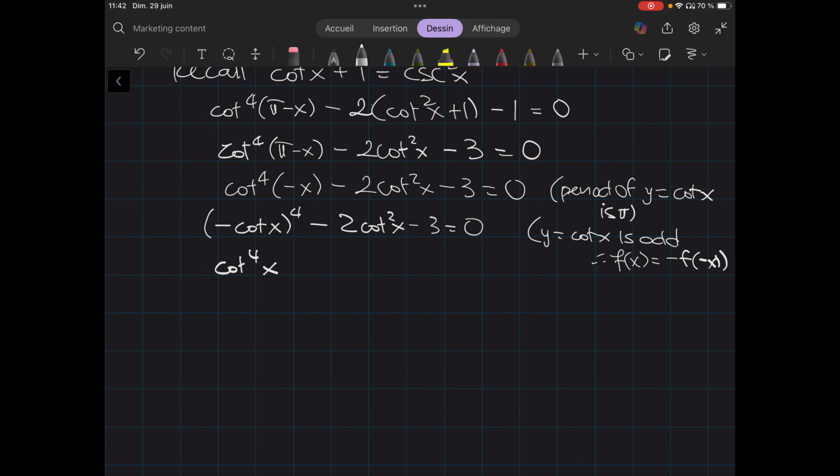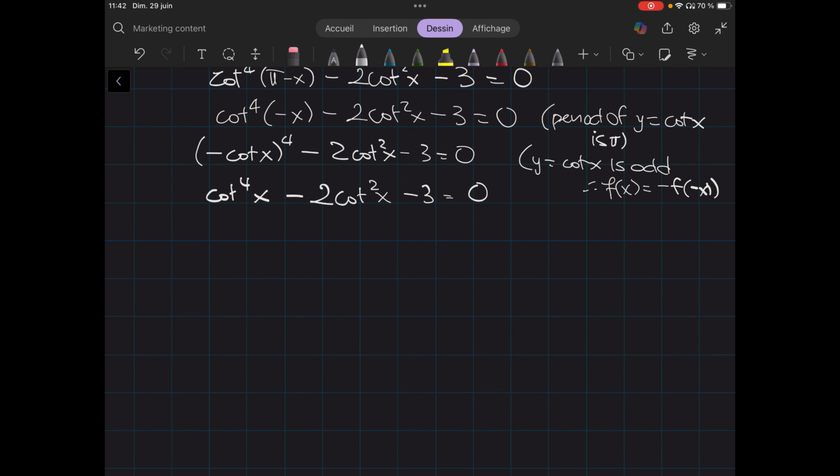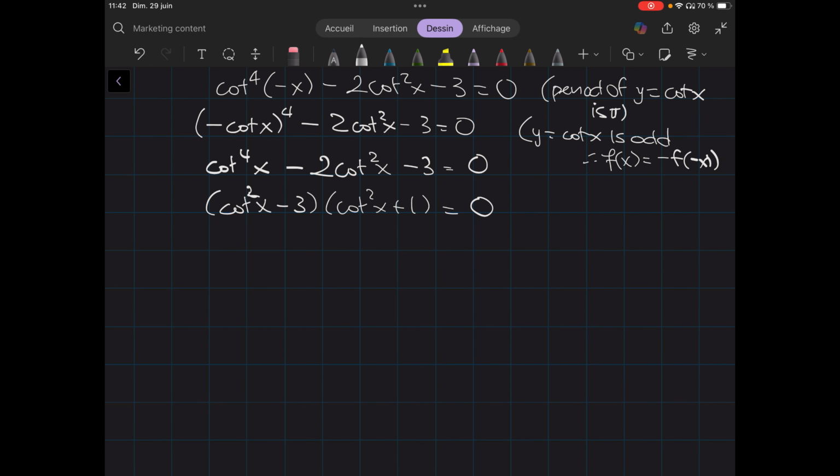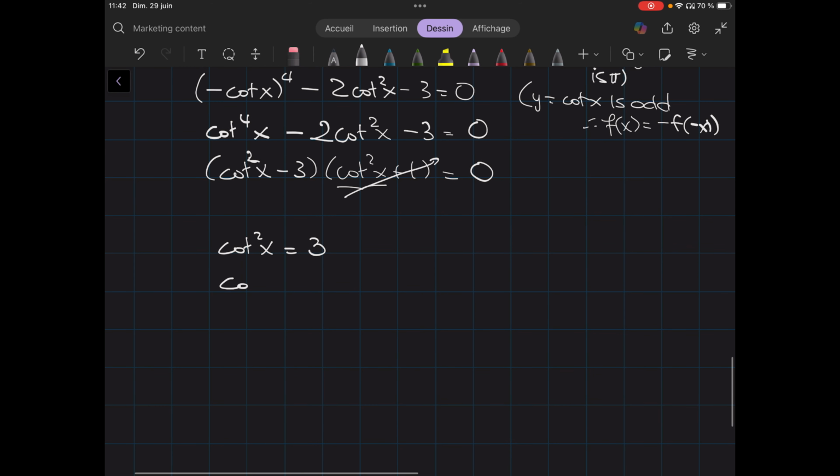And now we officially have a hidden quadratic equation to solve. Factorizing this, we know that cotangent squared has to be positive, so this is not an option. So basically, now we have to solve these two equations.